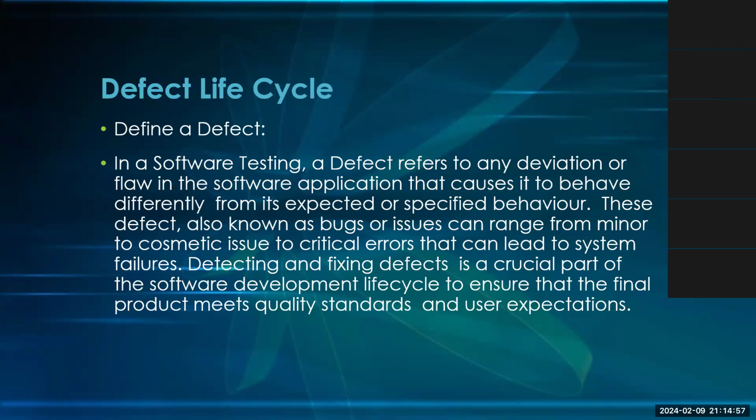Defects can also be addressed as bugs or issues, but most organizations use mainly defects or bugs, and they can range from minor cosmetic issues to critical errors that can lead to system failures. Detecting and fixing defects is a crucial part of the software development lifecycle to ensure that the final product meets quality standards and user expectations.